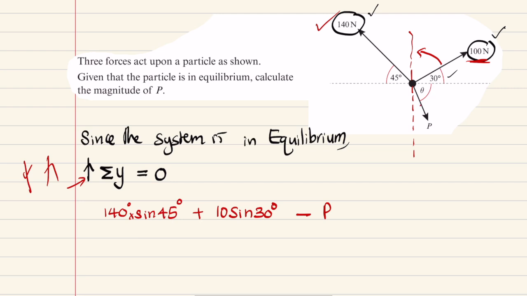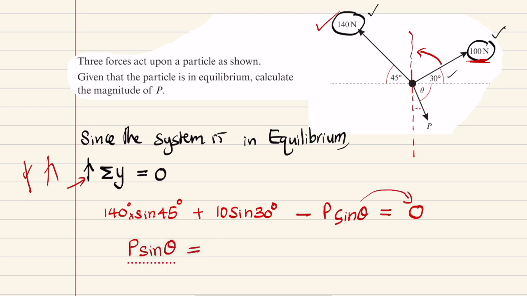It is going away from the angle, so it will be P sine theta. Since all these three forces are in equilibrium, there is no resultant either in the horizontal direction or the vertical direction. So this will add up to 0 newtons. So you can rearrange it so that you can create an equation. So it will be P sine theta.